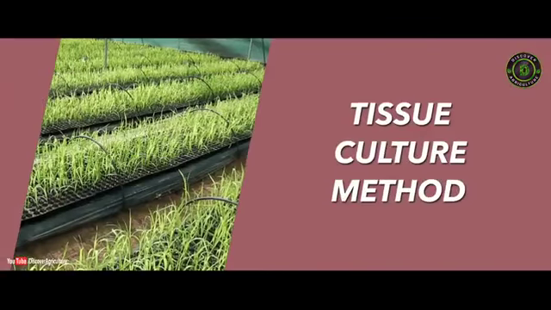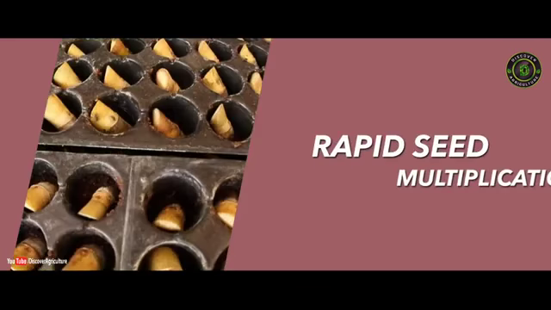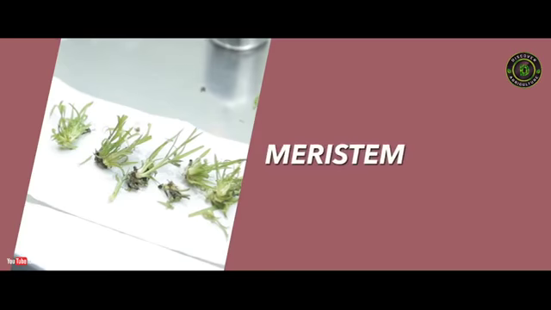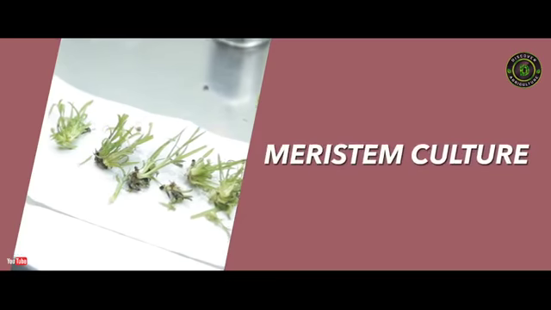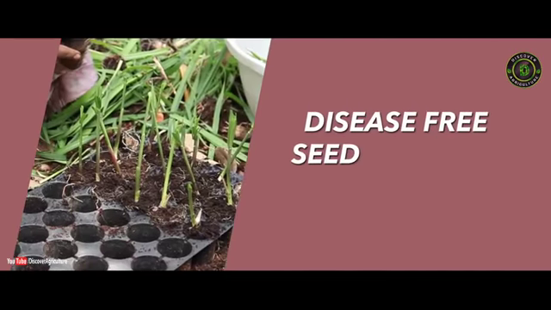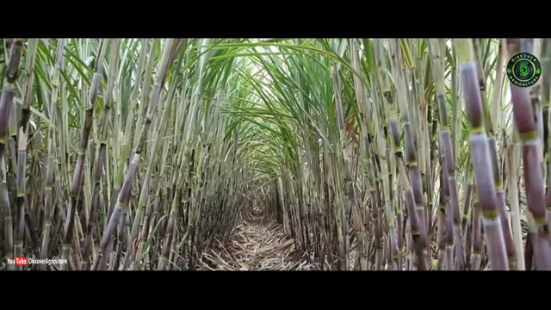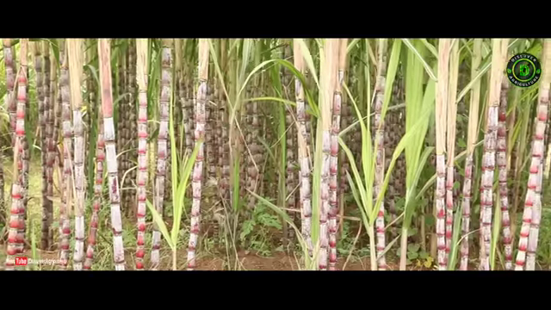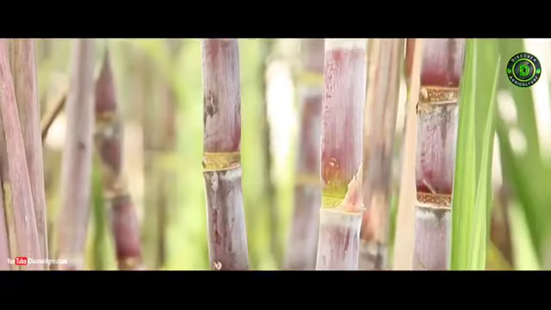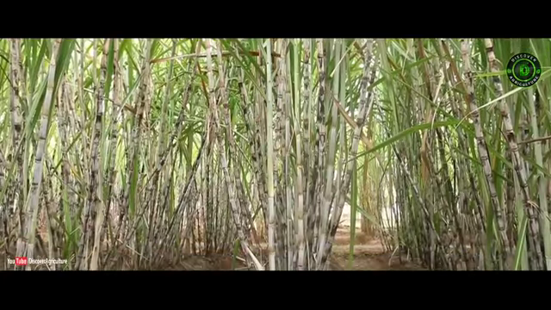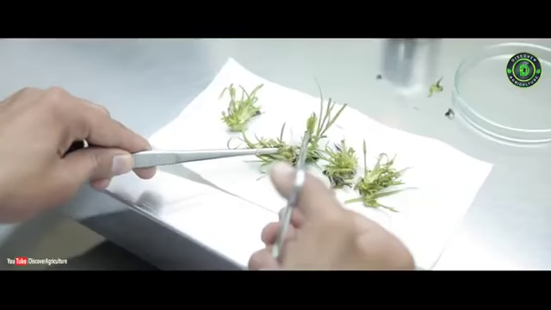The tissue culture method is highly suitable for the rapid seed multiplication of new varieties. By adopting the meristem culture in this method, disease-free seed material may be developed at a faster rate. The micro-propagation technology in sugarcane provides various advantages, the most noteworthy being the rapid multiplication of new varieties.